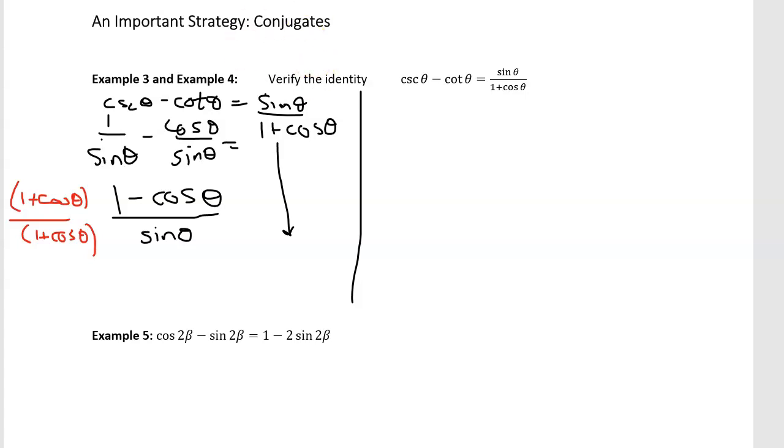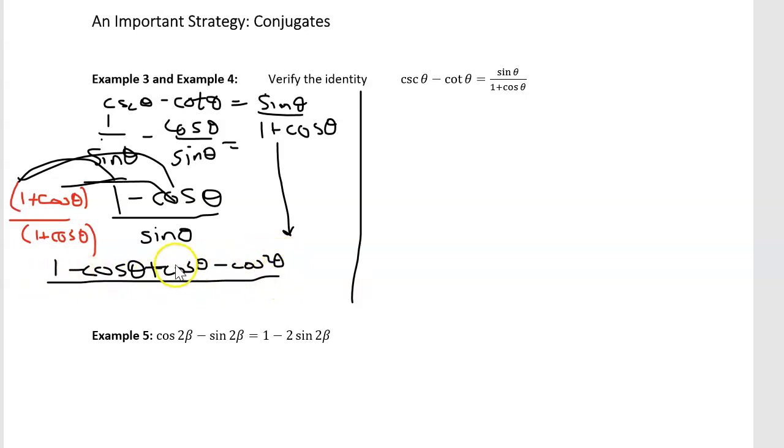So in the numerator, if I use distributive property, all four terms, don't forget to make sure you do all four, I get 1 minus cosine theta plus cosine theta minus cosine squared theta. And the denominator is not a conjugate, so you do not want to distribute these. You want to leave them as separate factors because separate factors are going to give you a chance to simplify the expression.